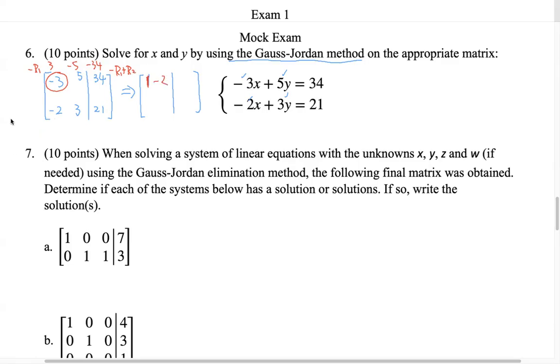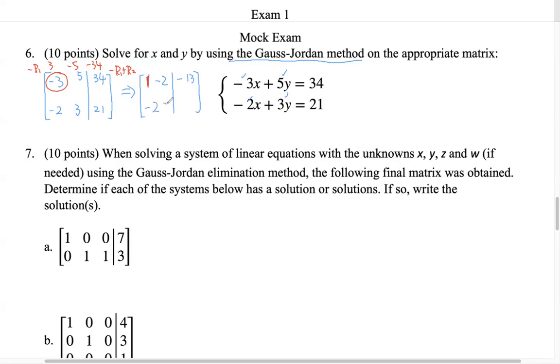Let me change back to blue color. So negative 5 plus 3, I get negative 2. Then negative 34 plus 21, I get negative 13. So my next goal, okay, let's rewrite.